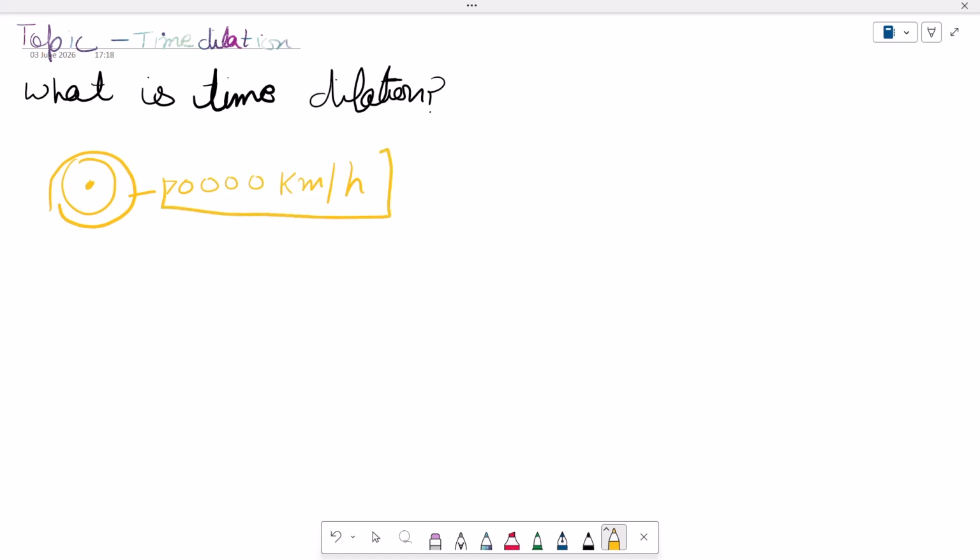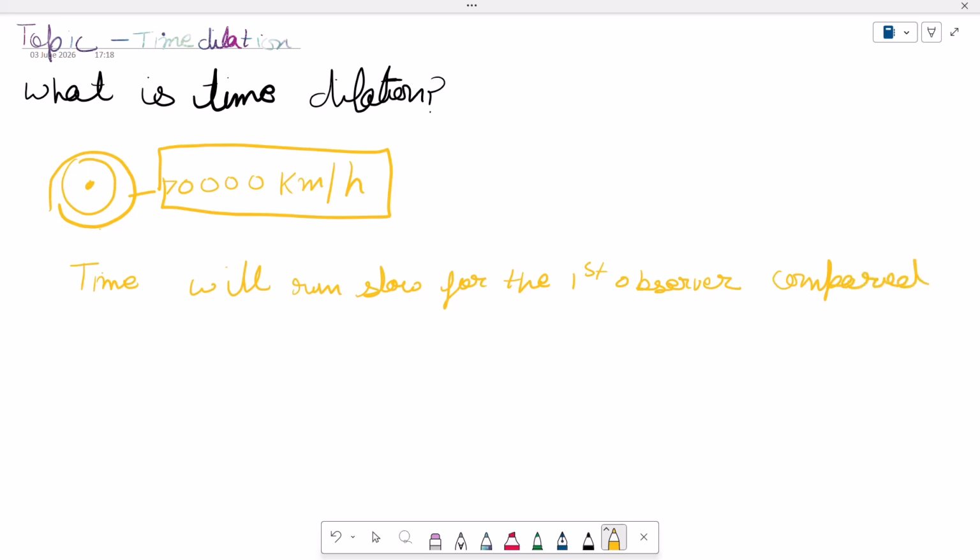The astronaut is traveling too fast, so time will run slow for the first observer compared to the second observer.